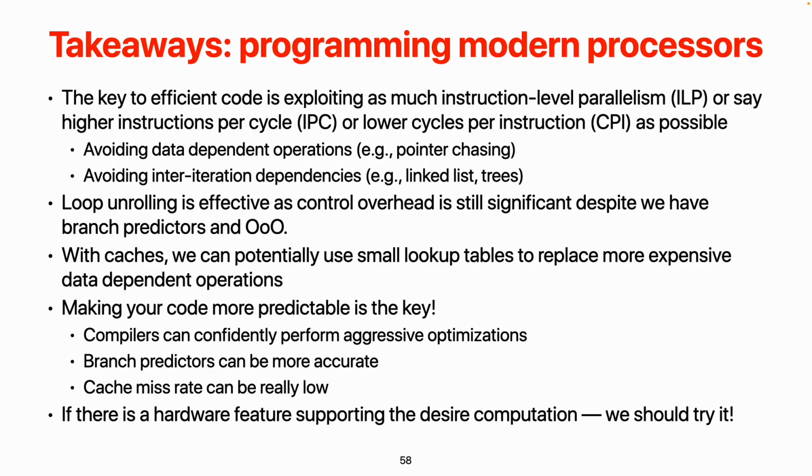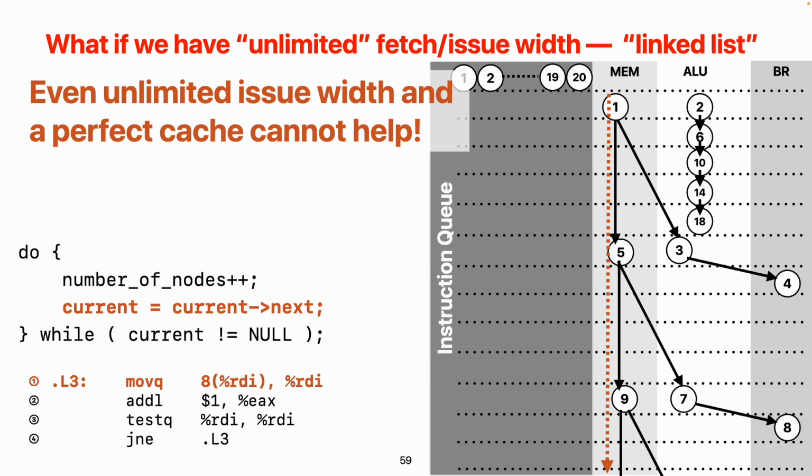Especially nowadays, every processor has a very wide set of instructions that can accelerate a complex computation. Like in a modern x86 processor, they also have this AMX instruction, which can compute matrix multiplication in just one instruction, right?